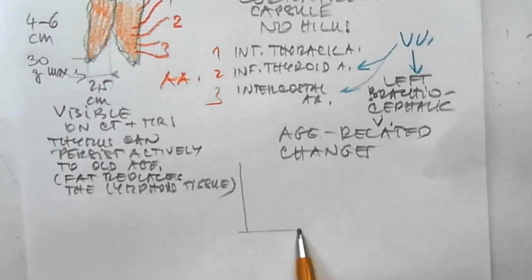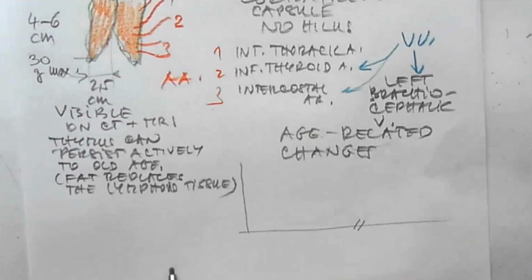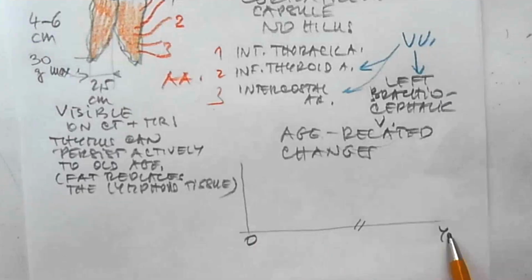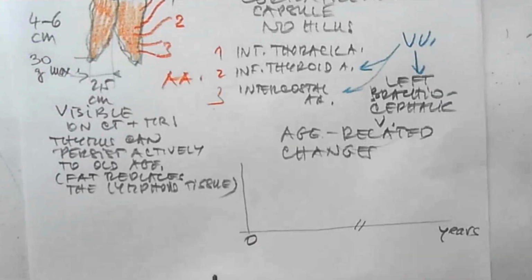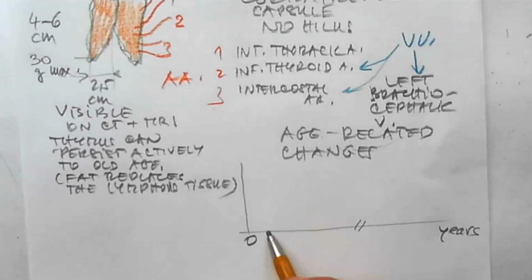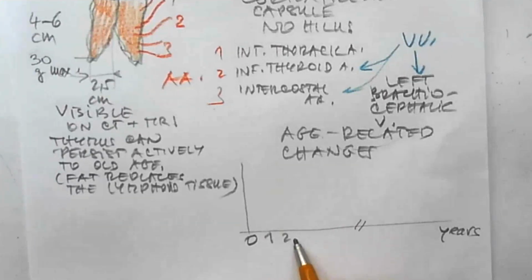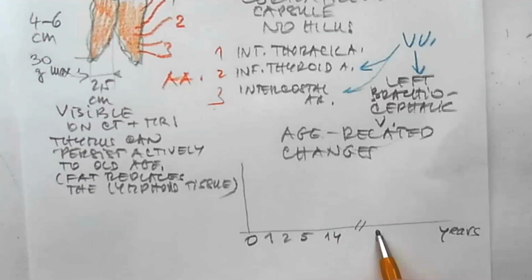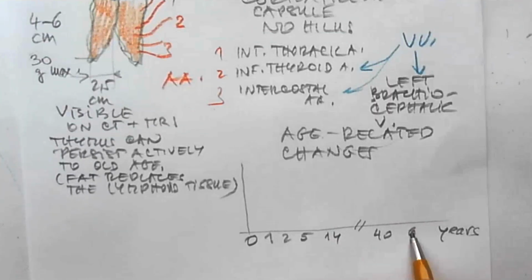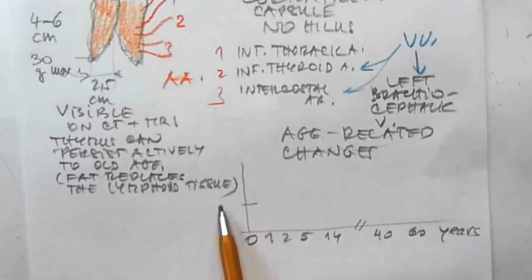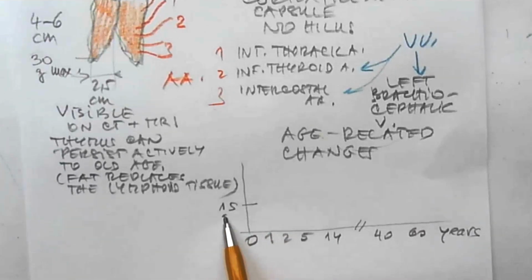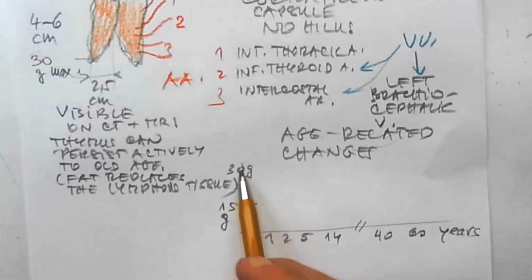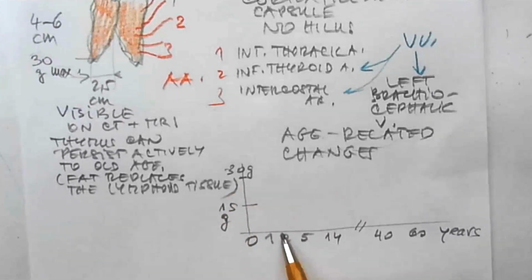Why not try to draw two lines to show years on the axis: we could add 1, 2, 5, 14, 40, 60. And 15 grams, 30 grams, usually even not that much.